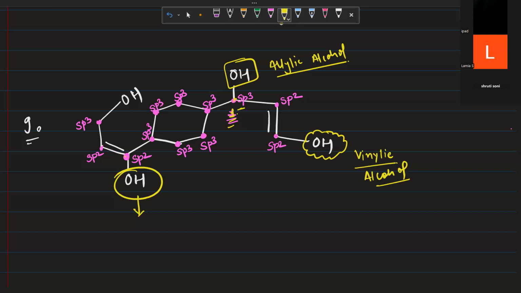Allylic. Think again. Oh, it's directly connected to sp2, right? Okay, vinylic.